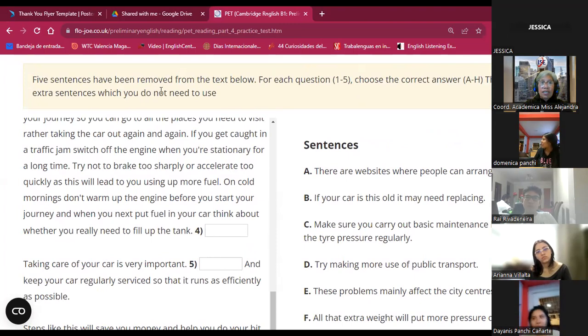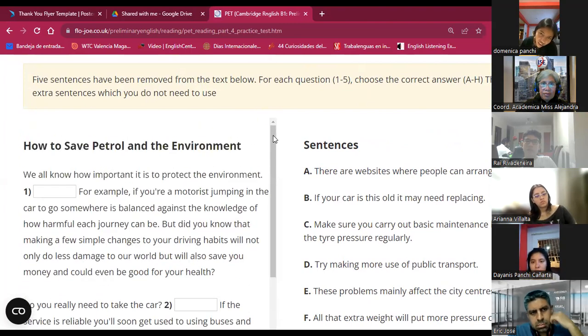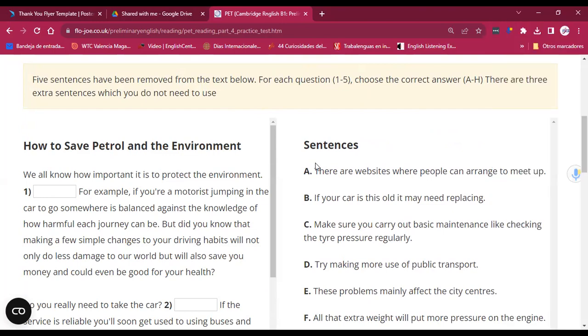Okay, 5 sentences have been removed from the text below. For each question, choose the correct answer. There are 3 sentences you don't use. Where are they? Here. We know how important it is to protect the environment. And here comes one of these sentences.